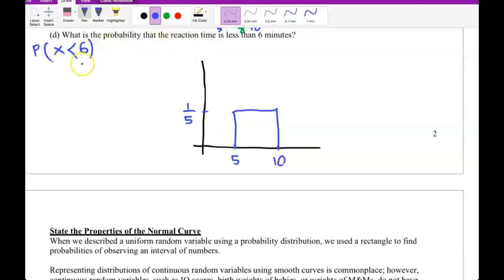Now we have X less than 6. So we should find the area for this part, which is less than 6. So that is equal to, again, here is 1/5 times the difference between 6, 5 which is 1. So the answer is 1/5.